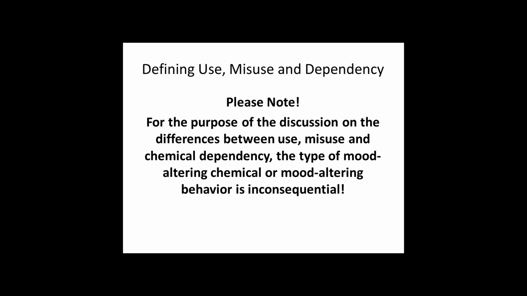And please note, for this part of the discussion and presentation, the differences between use and misuse and chemical dependency or behavior, the type of chemical or the type of behavior is not consequential, because what we have found as a therapeutic field is that the symptoms, the signs of someone who has a substance use disorder, mild, moderate, or severe, or chemical dependency, is very similar no matter what the chemical or behavior is.